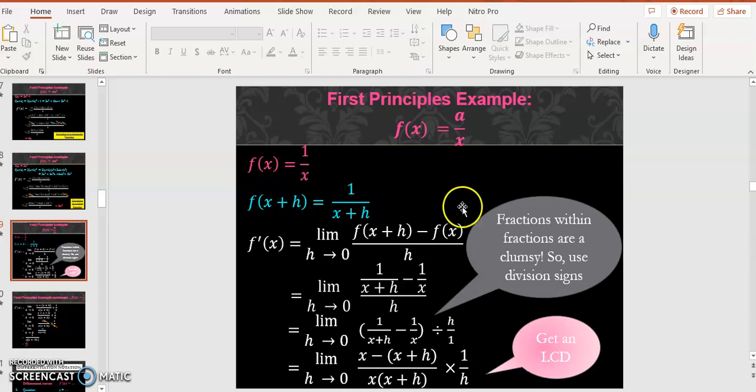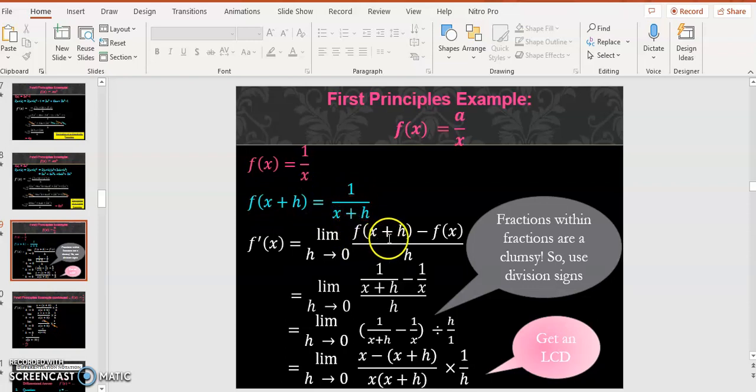Alright. So here we've gotten our values for these two functions. Then what we need to do is to substitute into the function. So here our function is this one, x plus h. What is f of x plus h? It is 1 over x plus h.